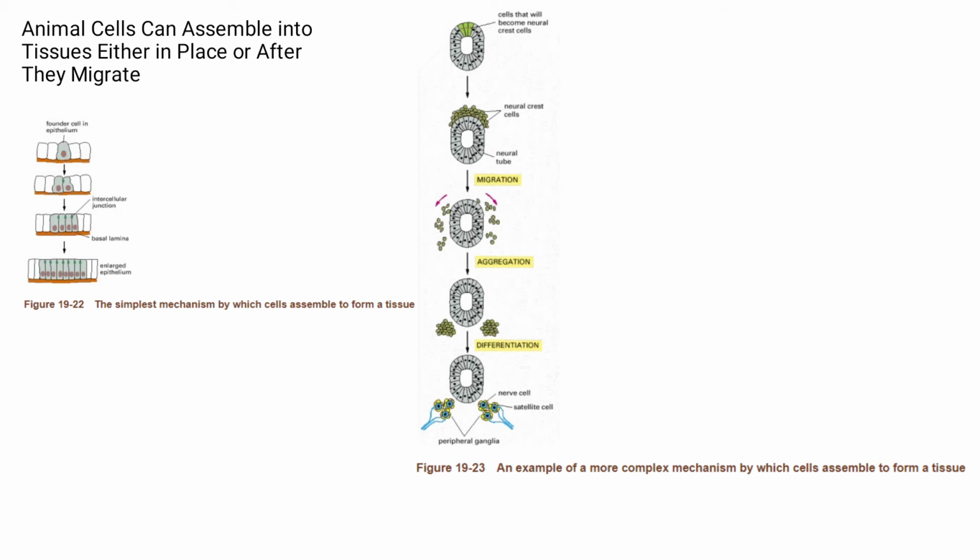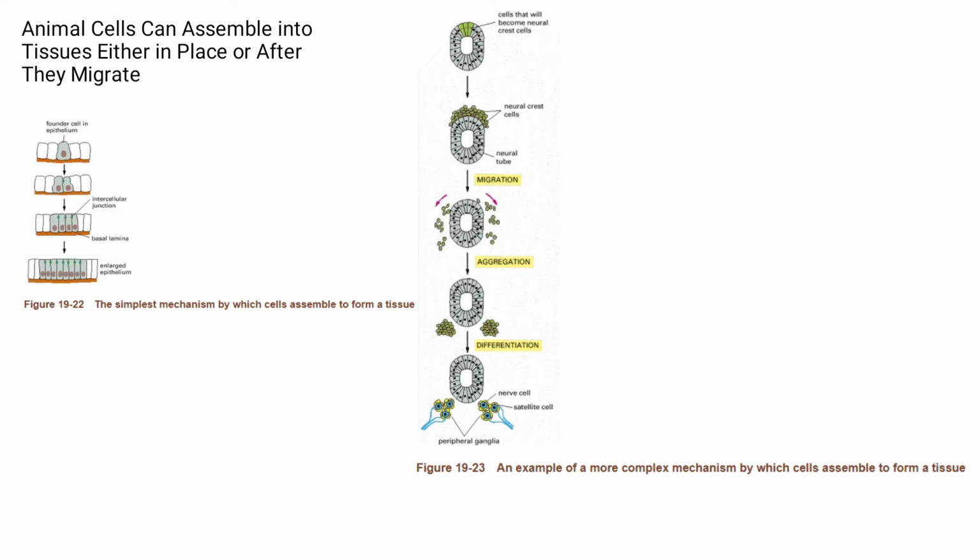So in this figure, 19-23, it shows here an example of a more complex mechanism by which cells assemble to form a tissue. Some cells that are initially part of the epithelial neural tube alter their adhesive properties and disengage from the epithelium to form the neural crest on the upper surface of the neural tube. The cells then migrate away and form a variety of cell types and tissues throughout the embryo.